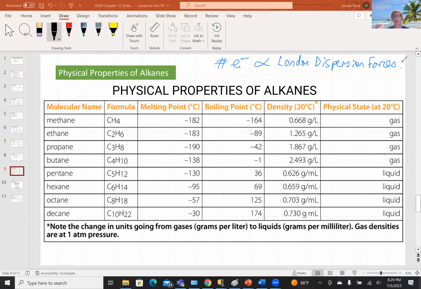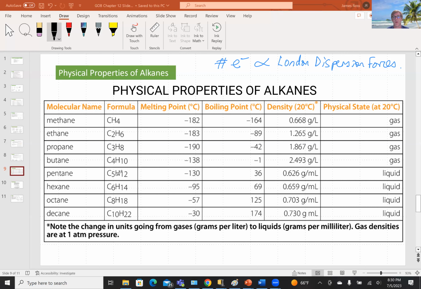And the more they bind, the stronger the intermolecular forces. Well, alkanes only have one type, and it happens to be the weakest type, London dispersion forces. London dispersion forces are dictated by how many electrons you have. So as we go down this group, you can see that the number of atoms increase, and those atoms have more and more electrons. So we're really looking at increasing electrons going down that group.